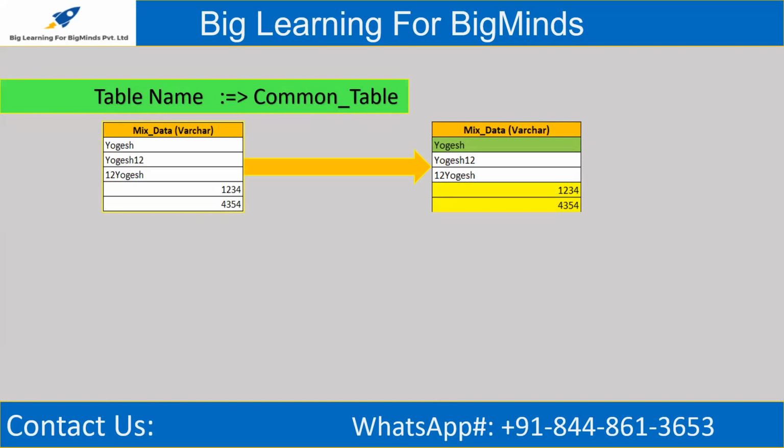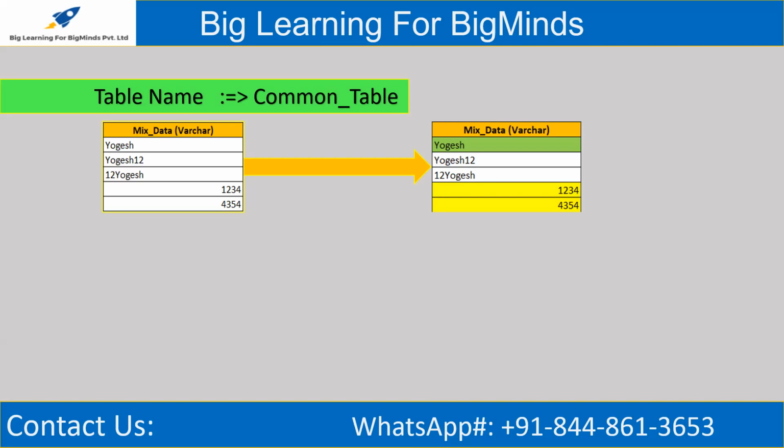The next is Yogesh12, which is alphanumeric. The next is 12Yogesh, again alphanumeric. And the next two records, 1234 and 4354, are integer values.